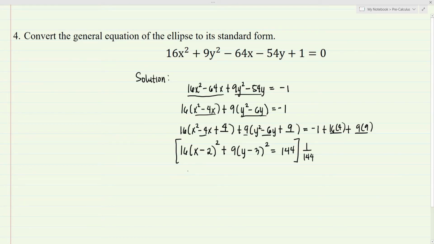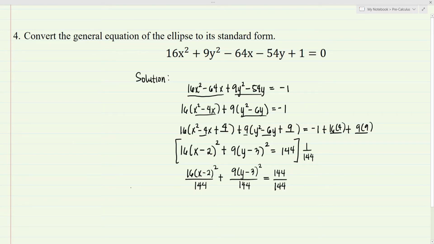So I will have here 16 times x minus 2 squared over 144 plus 9 times y minus 3 squared over 144, then equal to 144 over 144.